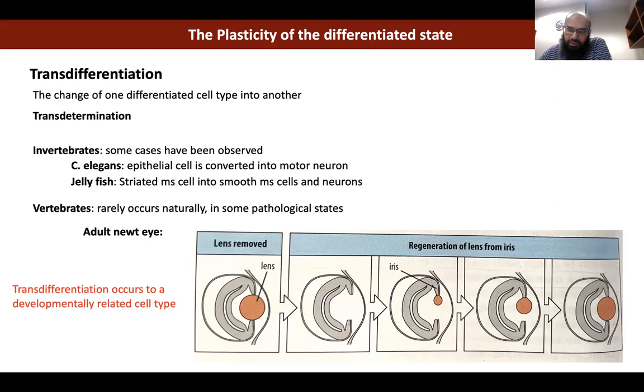So if regeneration needs to occur, for example, in endodermal cell types, they will only give rise to endodermal tissues. They will not, for example, give rise to skin tissues or neurons, which are derived from ectoderm.